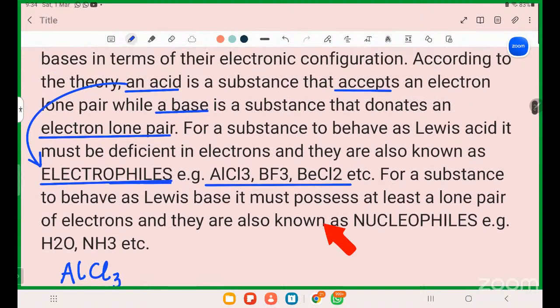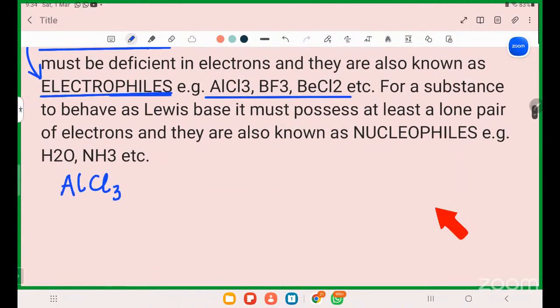A Lewis acid is a substance that is capable of accepting a lone pair of electrons. Which means for a substance to act as a Lewis acid, it must be deficient in electrons. Now, aluminum has electron configuration 2, 8, 3. So in the outer shell of aluminum, it has 3 electrons: 1, 2, 3.